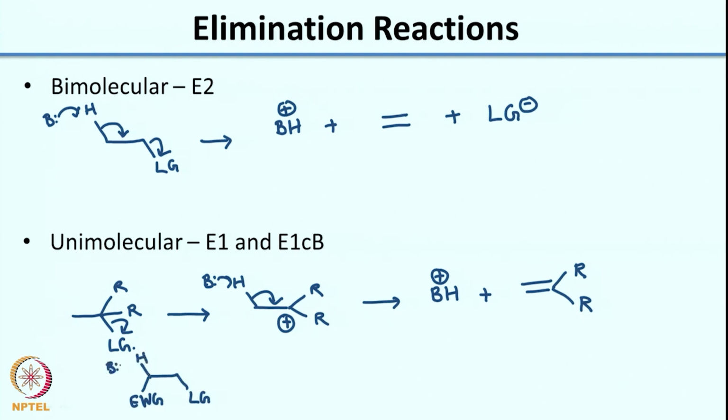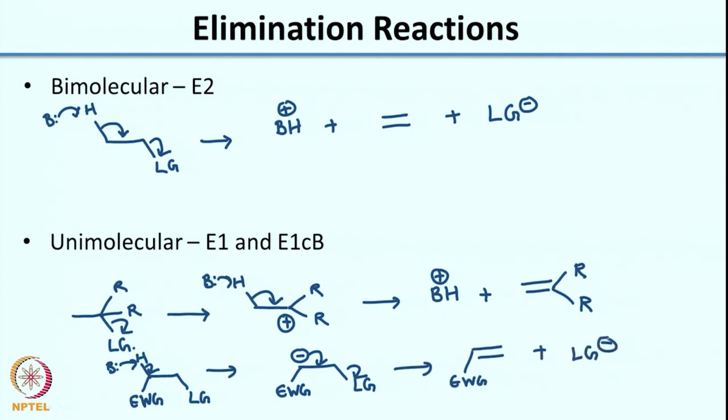Again you have a base, it grabs a proton, so you generate a negative charge which is stabilized by the electron withdrawing group. So, this would be an example of E1cB.